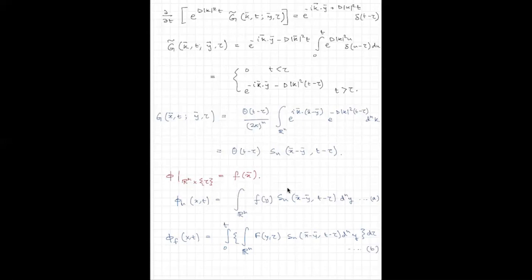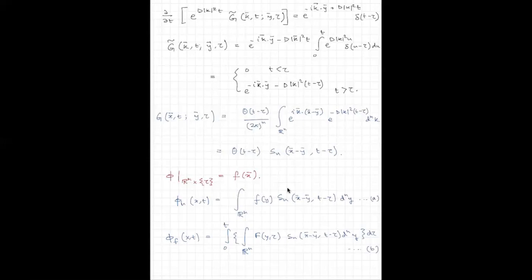Suppose that for each fixed time t equal to tau, we view the forcing term f(y,tau) as an initial condition that is imposed at t equal to tau.